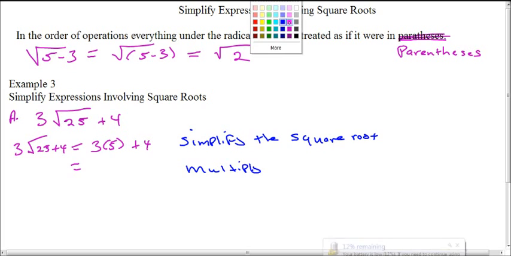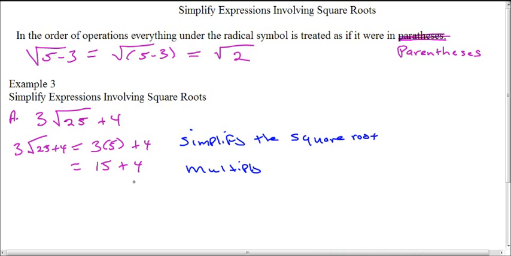When we multiply, we get 3 times 5, which is 15, plus 4. And then we add, and when we add, we simply get 19.